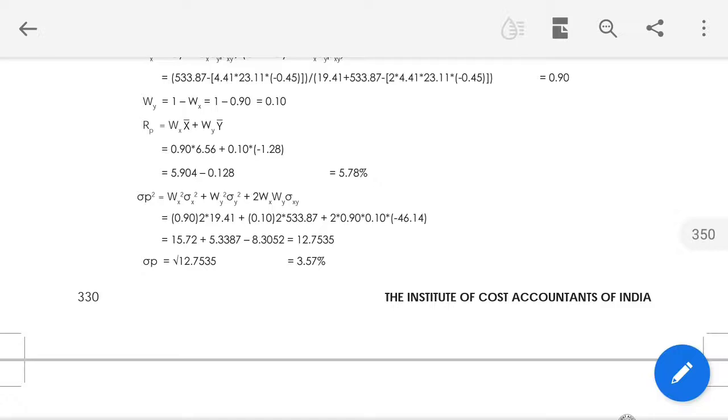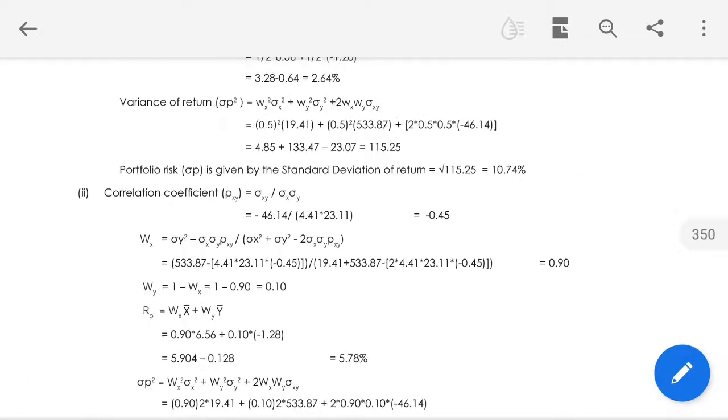Okay, so to calculate standard deviation, we need to calculate the variance of this portfolio. When we apply square root to the variance of the portfolio, we will get the standard deviation. So variance can be represented as sigma p square. Sigma p square is equal to weight x square into sigma x square plus weight y square into sigma y square plus 2 of weight x, weight y into sigma x, sigma y and rho xy.